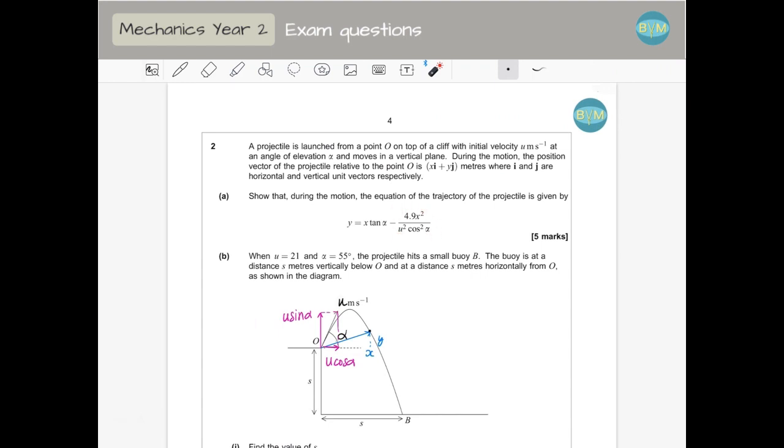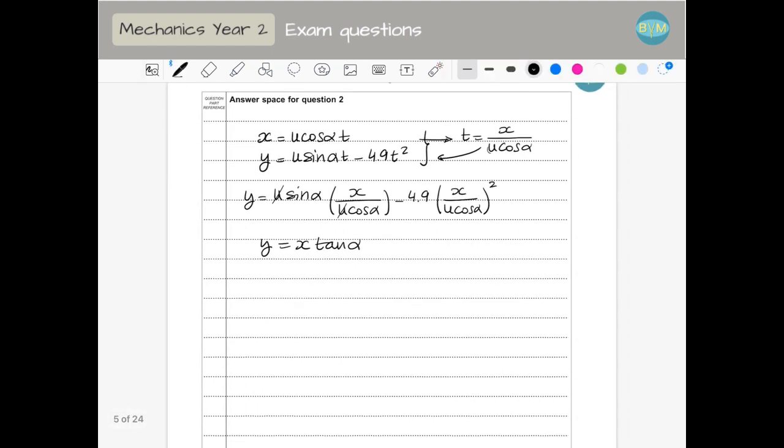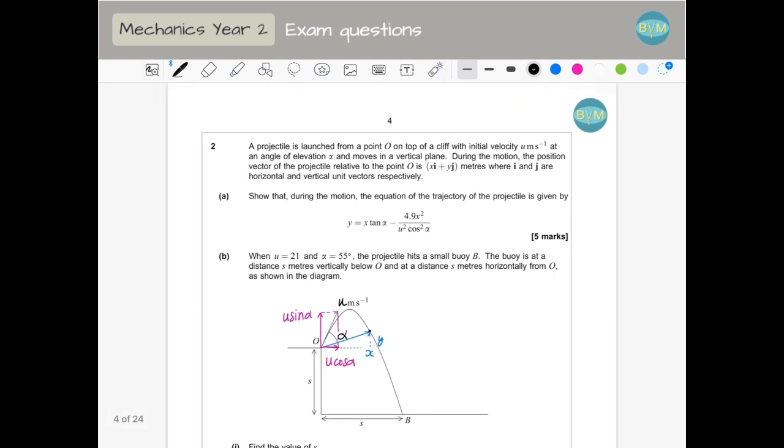It's just minus 4.9, and I square this, so x squared in the numerator divided by u squared cos squared alpha. And that's my trajectory. This is the formula that I need to find. So that's the first part.